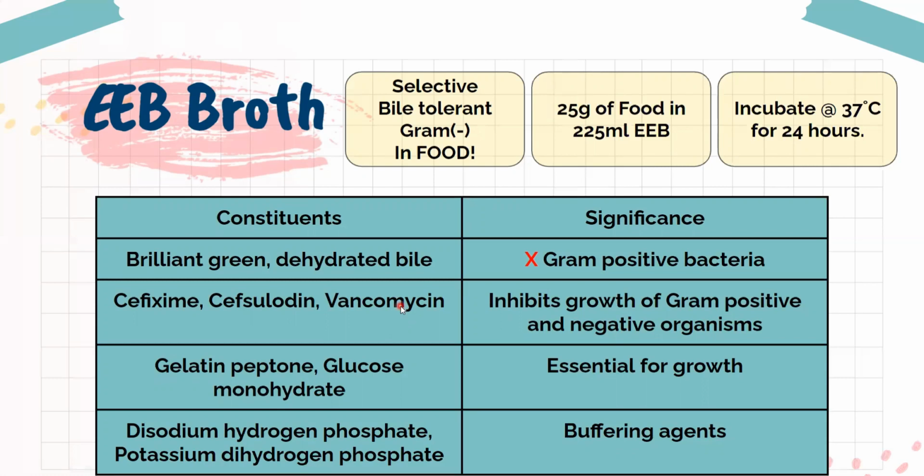The E. coli O157:H7 strains are resistant to these antibiotics and thus the other gram-negative and gram-positive organisms will not be able to grow. Other essential nutrients for growth are included, that is gelatin peptone and glucose monohydrate. And to keep the medium at a particular pH, you have these buffering agents.